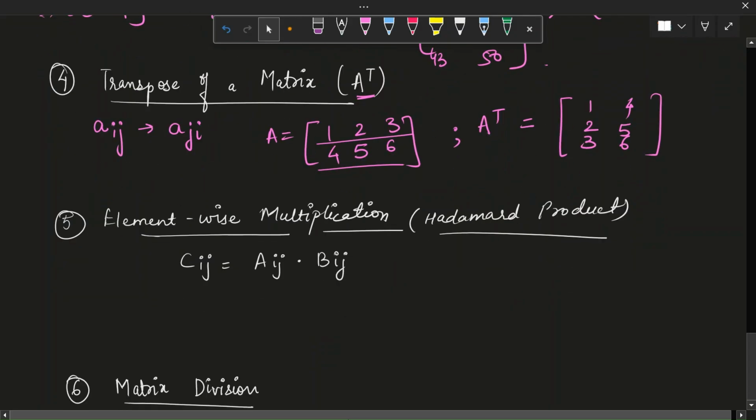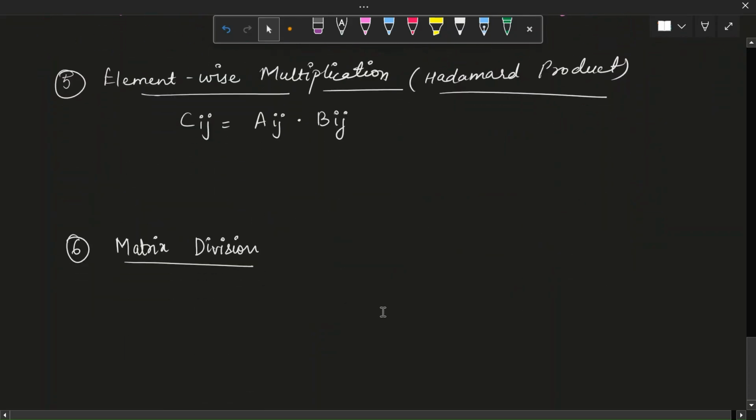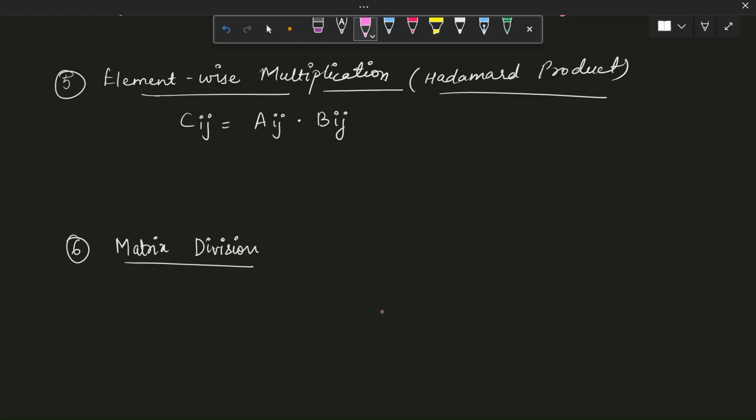Then we have element-wise multiplication in matrices. In element-wise multiplication, the corresponding elements of two matrices are multiplied, and this is different from matrix multiplication. So this is the formula that you can just learn to solve element-wise multiplication problems in matrices. So how it is performed, let's take an example, then you will understand better. We have two matrices. Again, they are similar. The dimensions are the same.